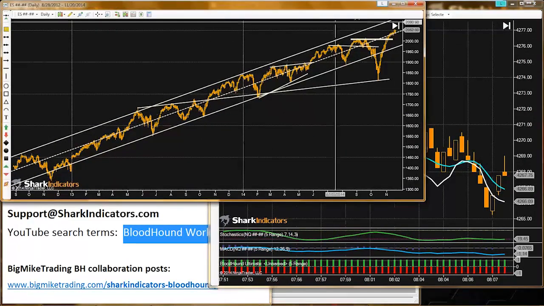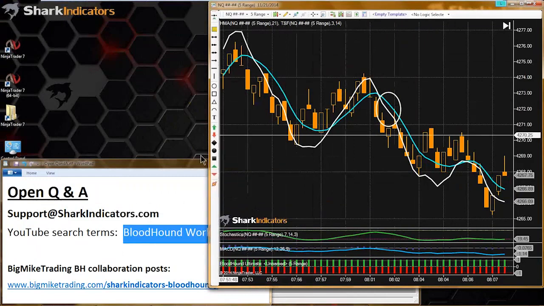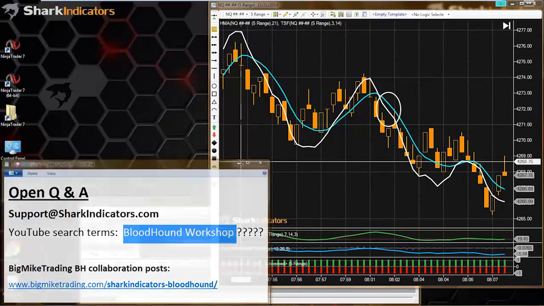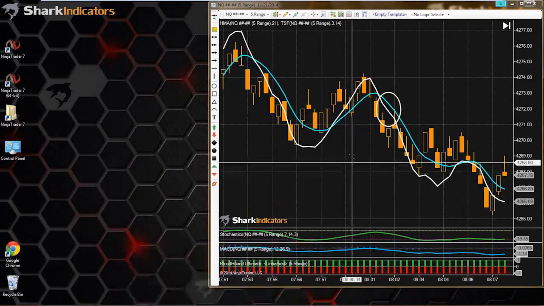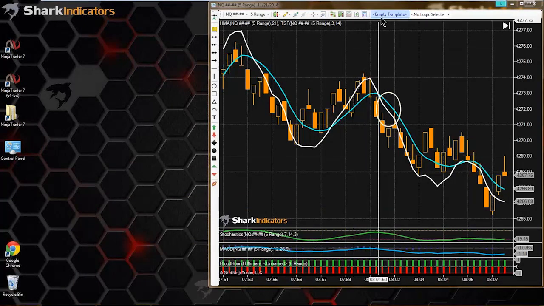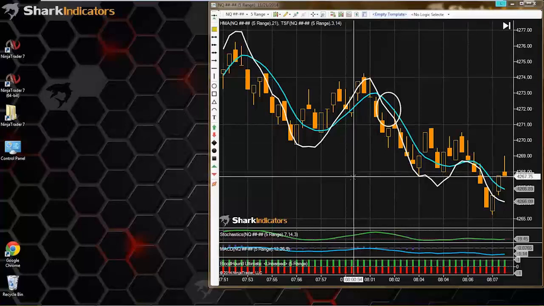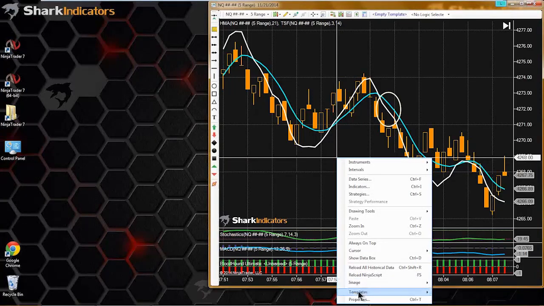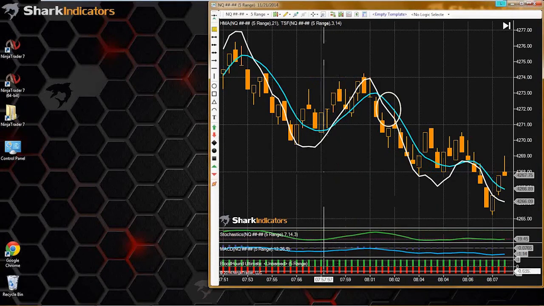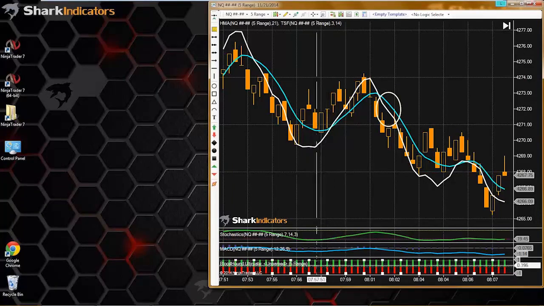All right, let me clean things up a little bit here. Scoot that down. Minimize that. Right, for anybody new in the room, what I did is I loaded up a chart template, and that chart template is just a default one, and it already has BloodHound on the bottom of my chart.